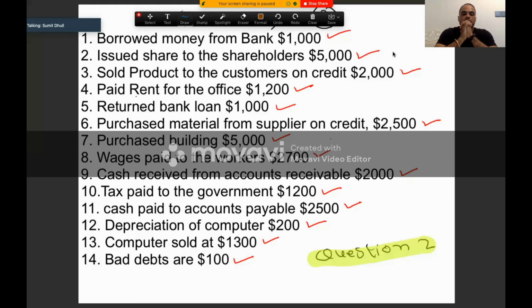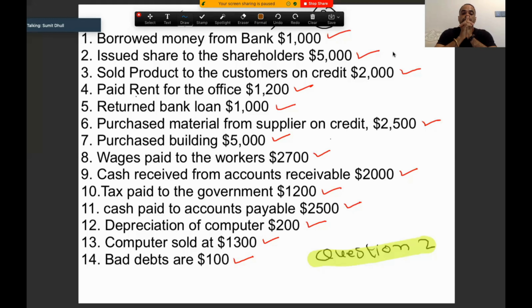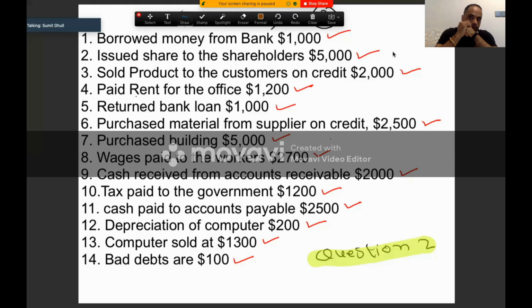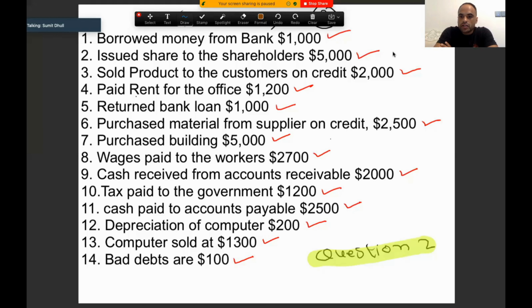Tell me for the first journal entry, borrowed money from bank. Can you hear me? Yes or no? Yes. Okay. So give me the answer for first. Cash. Yes, cash account debit and bank loan credit 1,000.